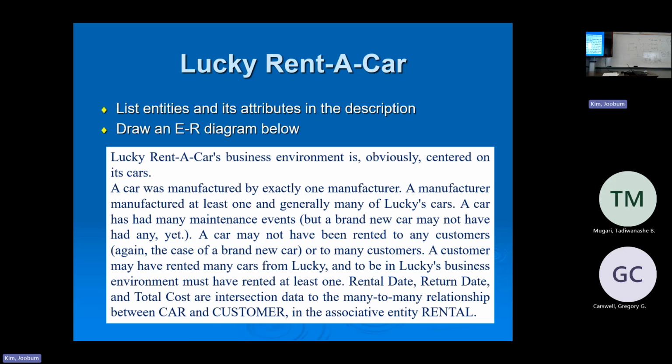This is a kind of hint between car and manufacturer. You can find the hidden meaning. This kind of description can be obtained by interview, or by documents and investigation of the company.